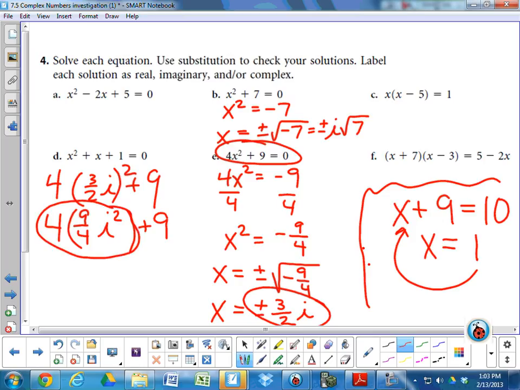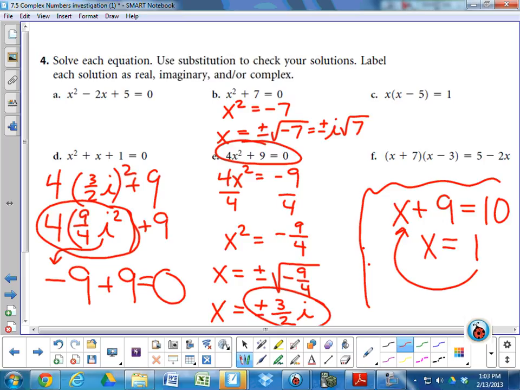Guaranteed to be a negative number, okay? So I squared basically turns this whole part negative. What's 4 times 9 over 4? 4 times 9 over 4 is 9. Negative 9 plus 9, 0. That's why that's a solution.